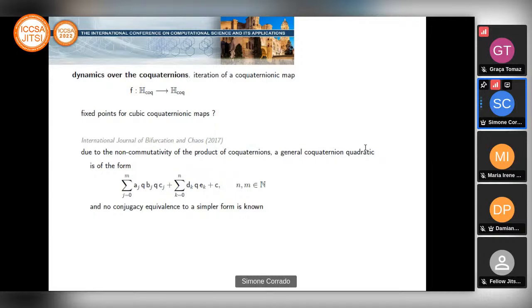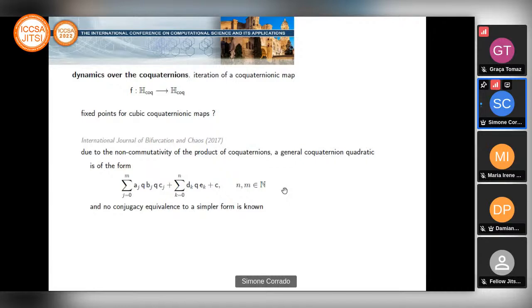And the first slide I have for you is to say no. Maybe it's not the time to study fixed points for cubic quaternionic maps, because it is quite obvious that there are a lot of other families of quadratic maps which need to be studied. And the result is something like that.